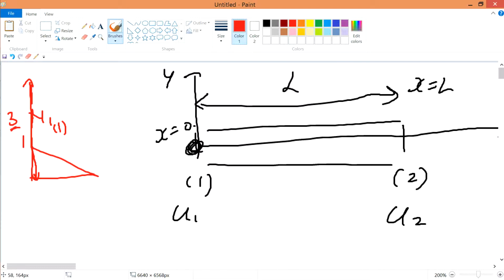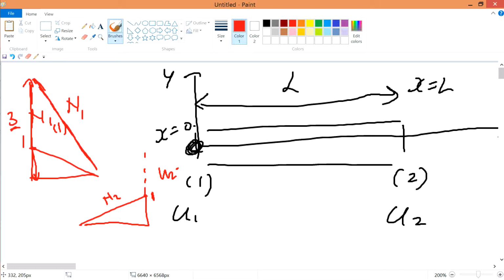So 3 times this one, where you have the overall section like this. So your whole shape function for node 1 is this shape. And then for your node 2, we actually showed you in the previous video, if this is 1, you have another U2 over here, which is maybe 2, then you're just talking about this magnitude. And if you were to put them all together at once, you have something like this.